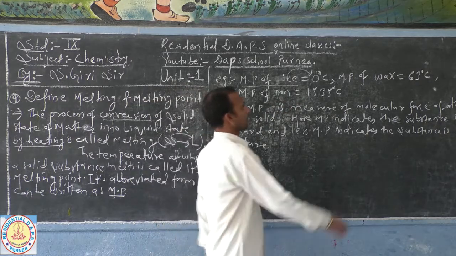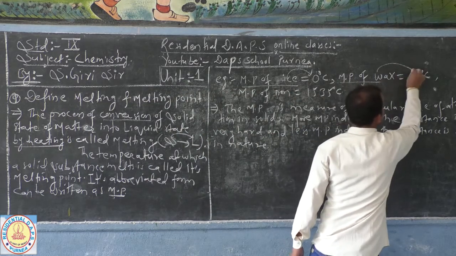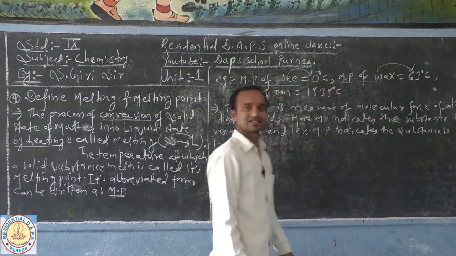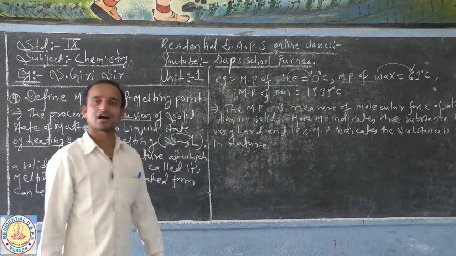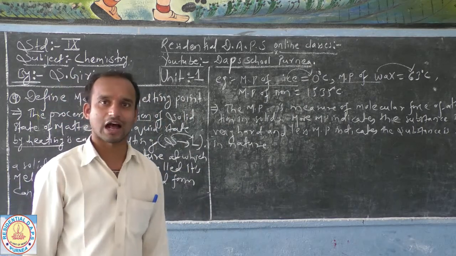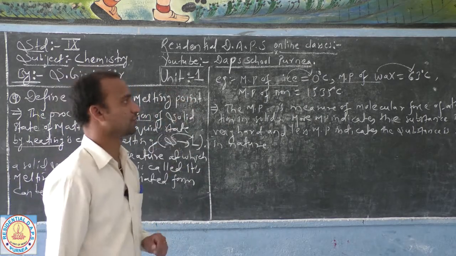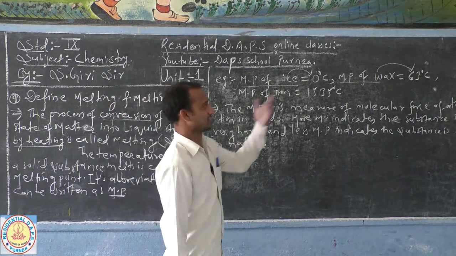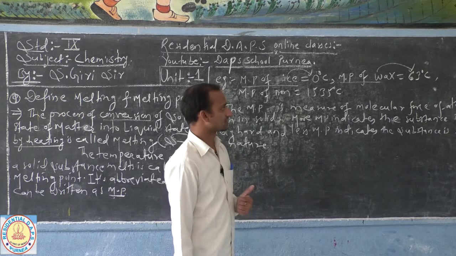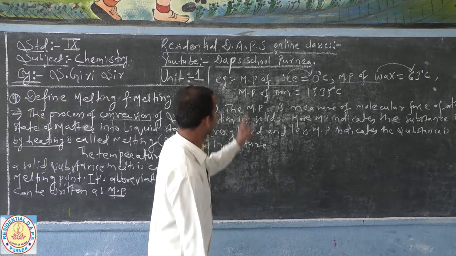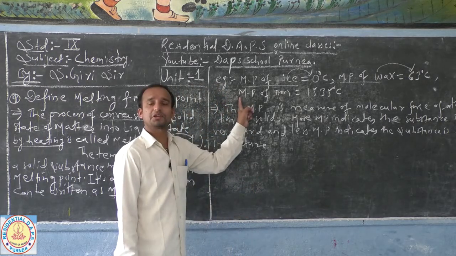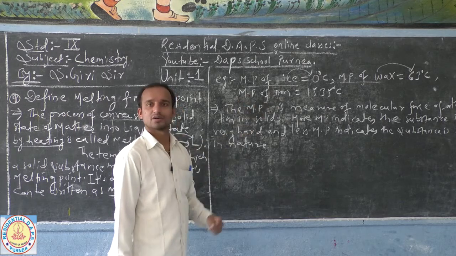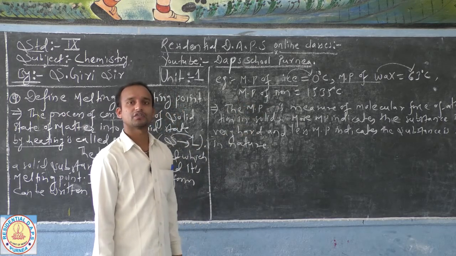Got the point? The melting point of wax is 63 degrees C. You might have seen candles are made of wax. Wax melts into liquid at 63 degrees Celsius. Next, the melting point of iron is 1535 degrees C.